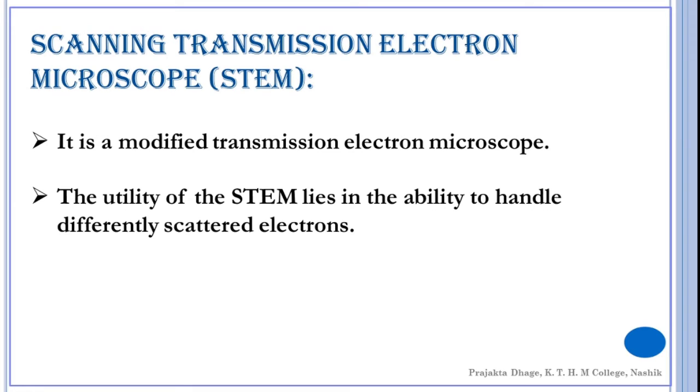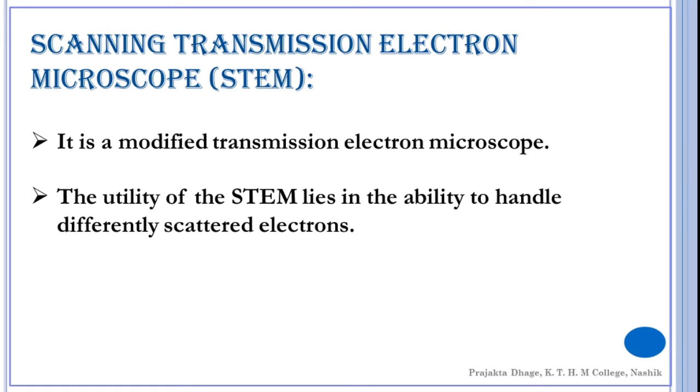The first advantage is that it is fitted with a detector system which can separately detect the scattered electrons, unscattered electrons, and electrons which are there as a result of a combination of the two sets. The three types of electrons can also be separately used for the formation of the image on the screen.